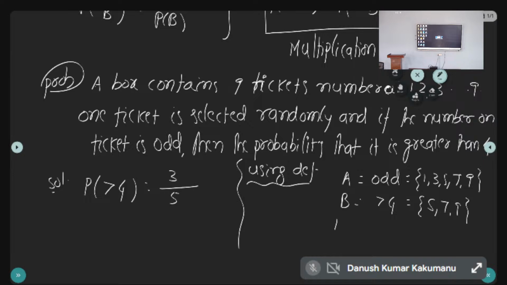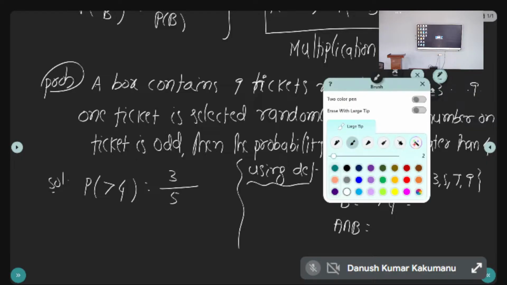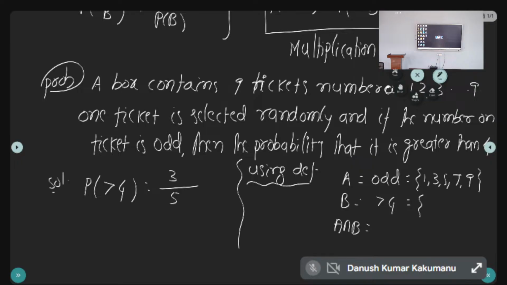A intersection B: the numerator is the intersection part. Odd numbers which are greater than 4. The intersection is 5, 7, 9.